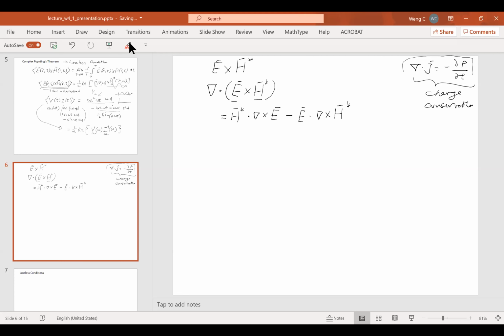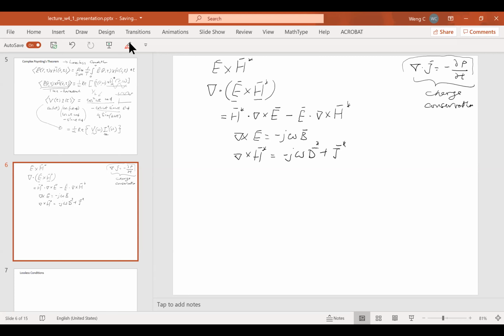Well, now we can make this simpler by using the fact that curl of E is minus j omega B. This essentially is just Faraday's law. And then curl of H is equal to j omega D plus J. Okay, but since we have conjugation of the H field, we'll take the conjugation of this equation and it gives us this equation.